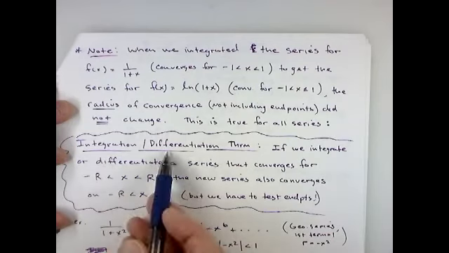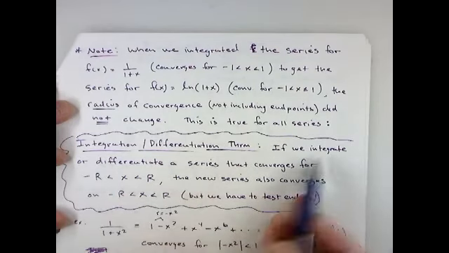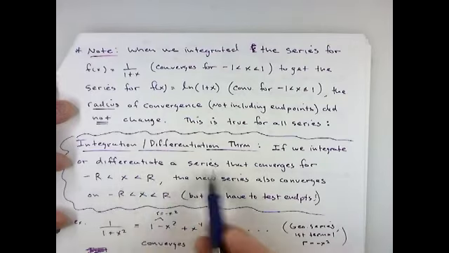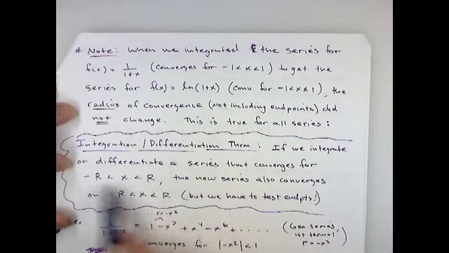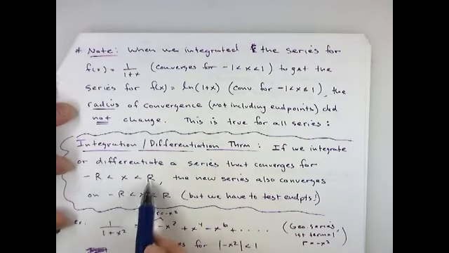It's called the integration differentiation theorem. If you integrate or differentiate a series that you know converges between -r and r, again, not worrying about the endpoints, the new series is guaranteed to converge on the same interval. But you may have to test the endpoints to see if it actually converges at the endpoints.